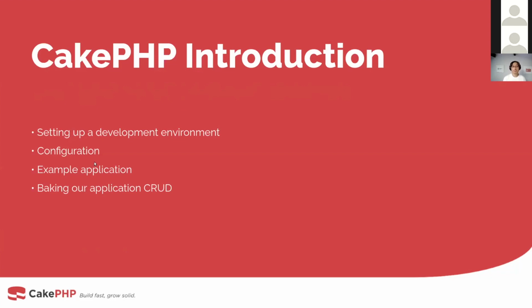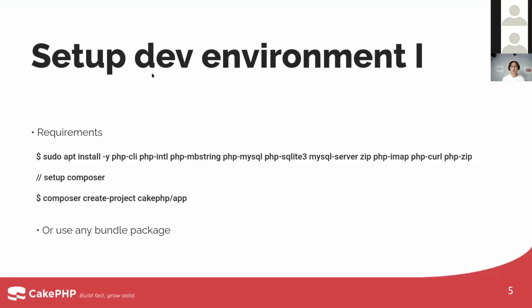The first steps in a CakePHP project are going to be setting up a development environment. There are many ways to set up a development environment. You can use your own environment. This is a typical setup if you work with different projects, or if you work with a very stable set of dependencies.